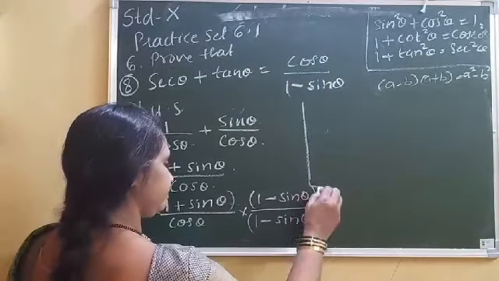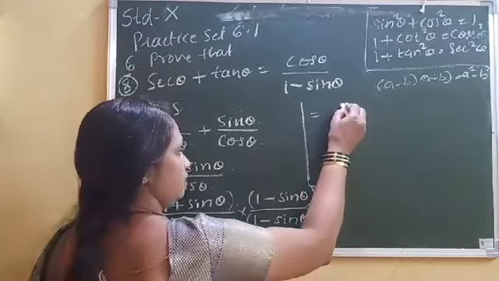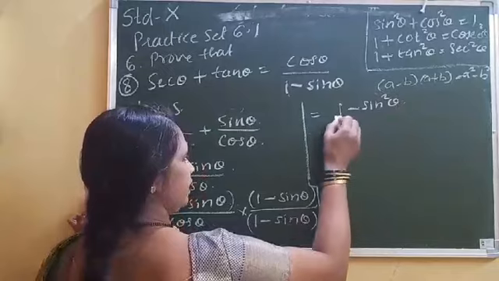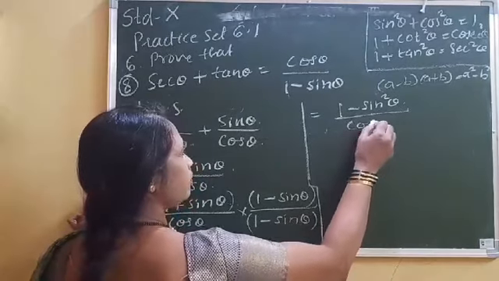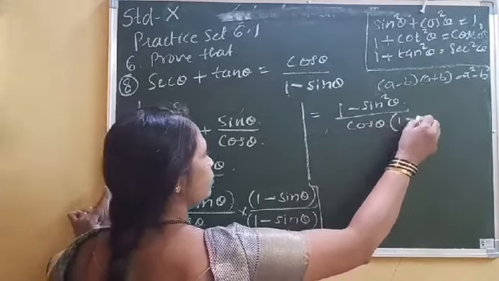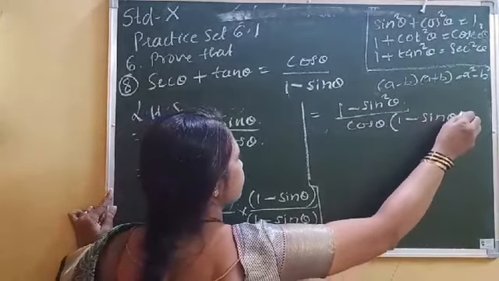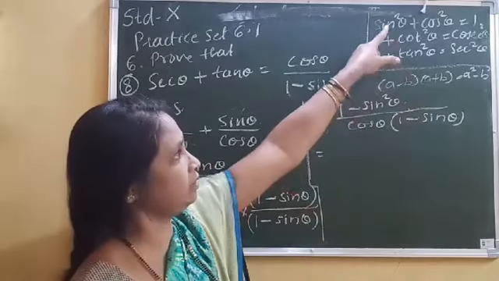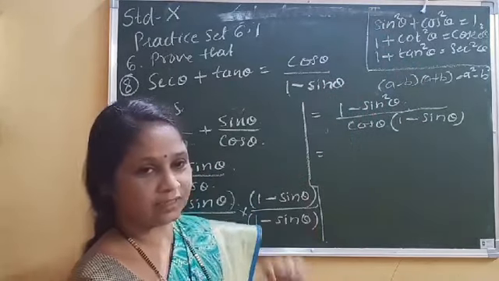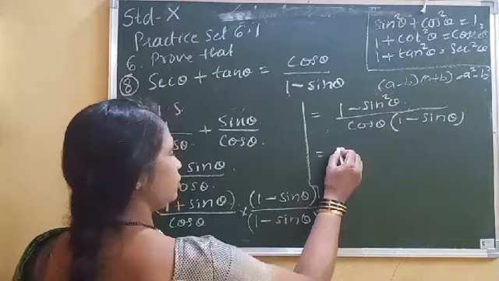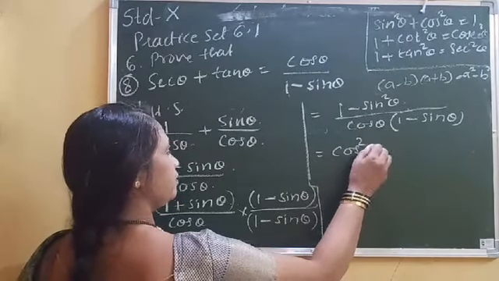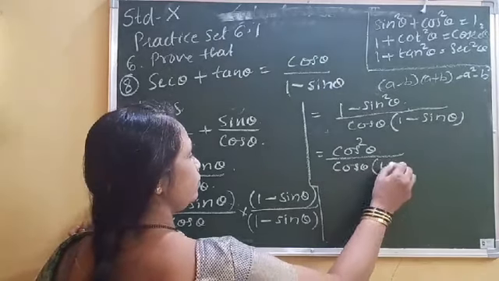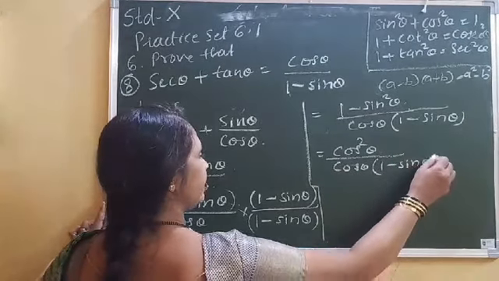So we will write this as 1 minus sin square theta upon cos theta into 1 minus sin theta. Now see, 1 minus sin square theta is cos square theta. So cos square theta upon cos theta into 1 minus sin theta.